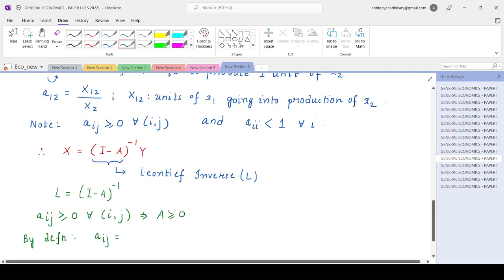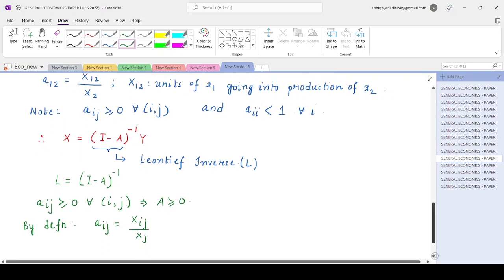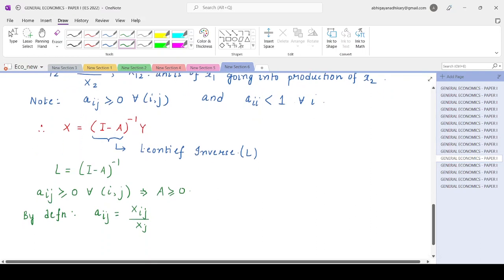It is units of sector i's input going into sector j, so that will be capital Xij divided by xj. That means if you fix a particular j, and you sum it over all the i's, you get something like this.